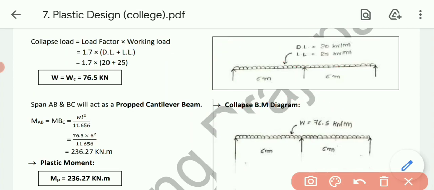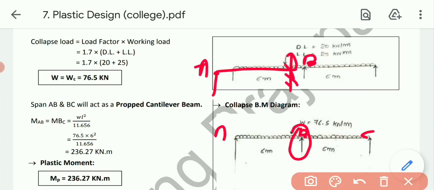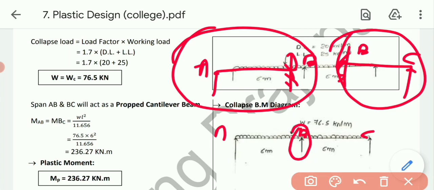As B is an intermediate support, if I draw the span AB separately, it will be like this, A and B, and BC will be like this. So both will act as a prop cantilever beam. We have already seen in the previous videos the derivation that for a prop cantilever beam with UDL, the formula of the moment is WL square by 11.656.